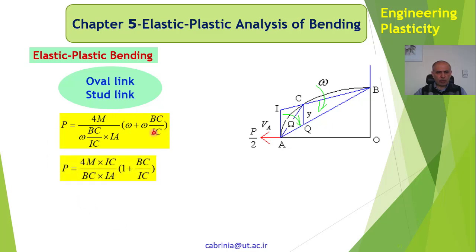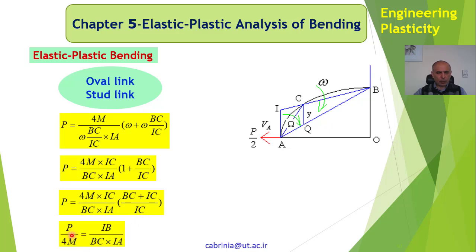If I simplify this, because these omegas cancel out, I've got only these lines, the geometry, and m, so I can get P. So I just have to get these values. Now I simplify it further. So 4m times IC divided by BC, multiplied by IA, is equal to BC plus IC divided by IC.